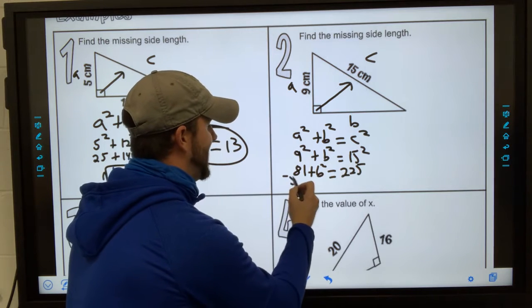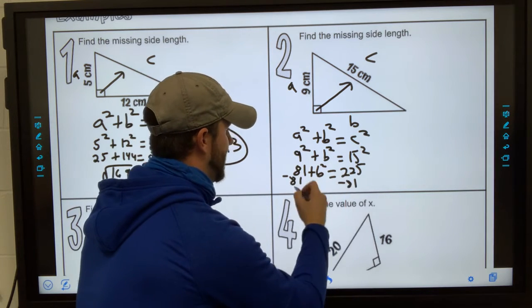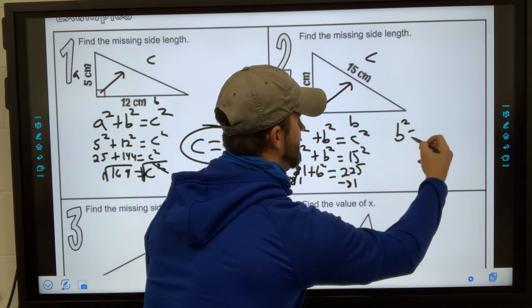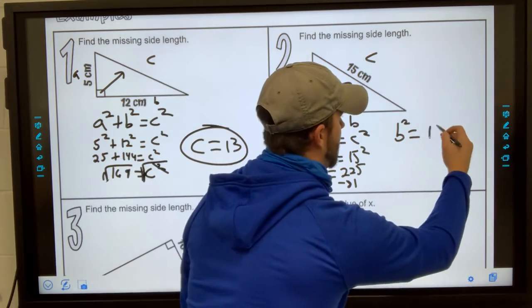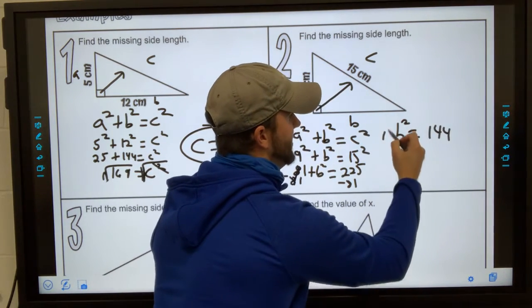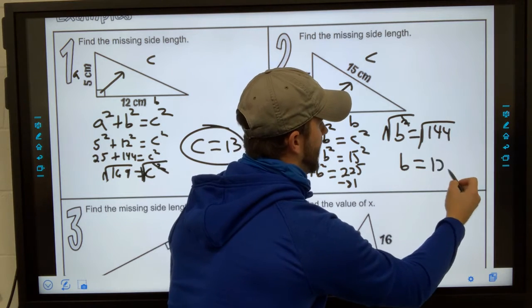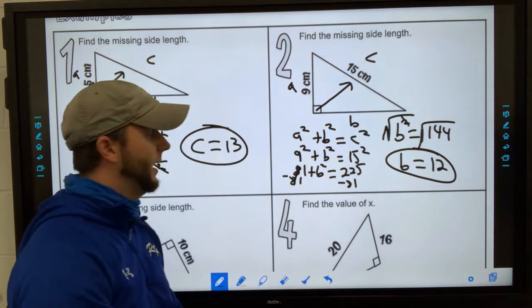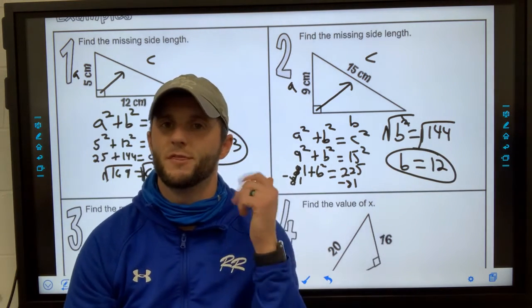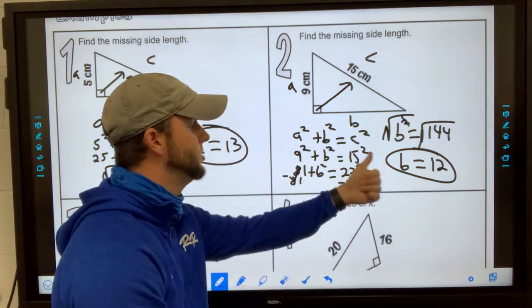I'm going to subtract 81 on both sides, so that cancels. So I'm going to be left with b squared equals 144. And then to find b, I have to take the square root of both sides, which then b is going to end up being 12. Okay? So your final answer for the third missing side is going to be 12.